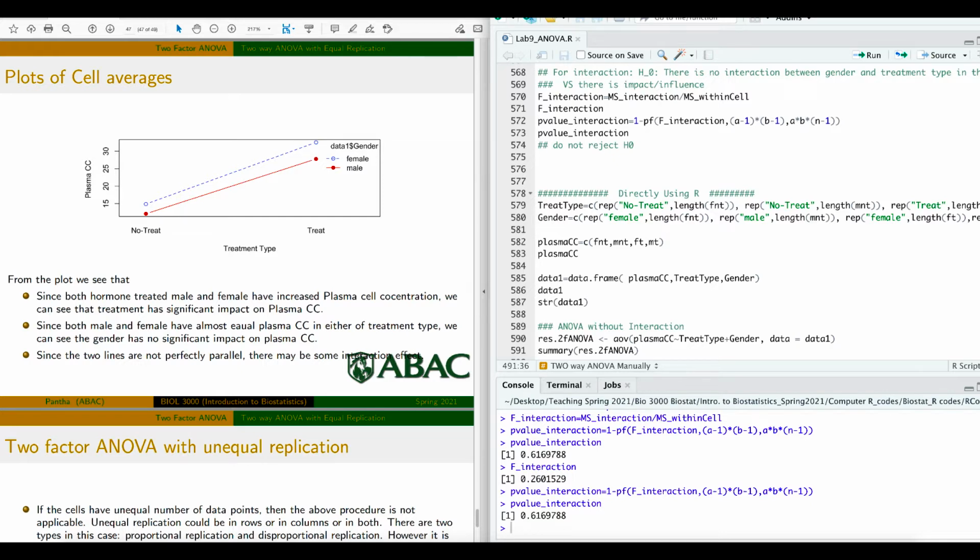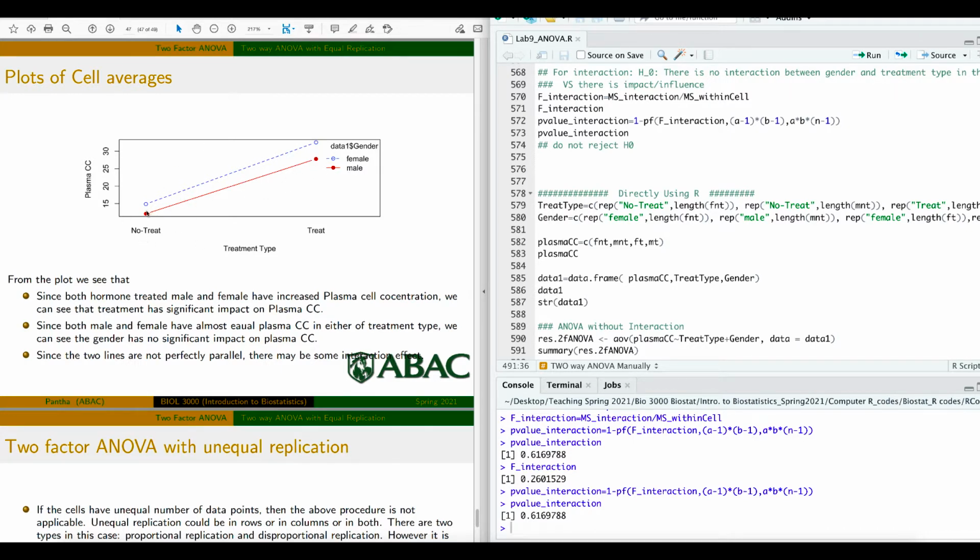So look at the example that we did where we had male and female, and then the hormone treatment and no hormone treatment. That's what we were doing in the example. If you plot the average of the hormone treatment and no hormone treatment of male and female, this is what we will get. This red line is for the male.